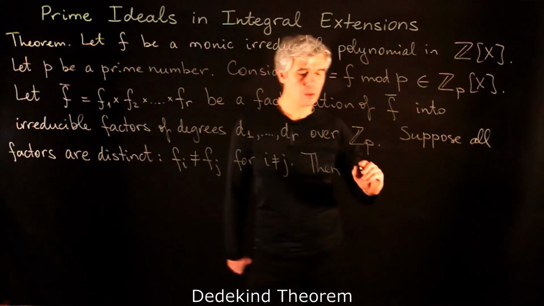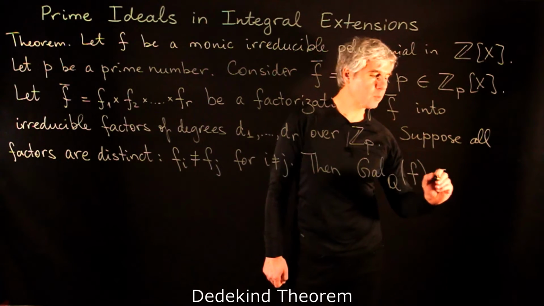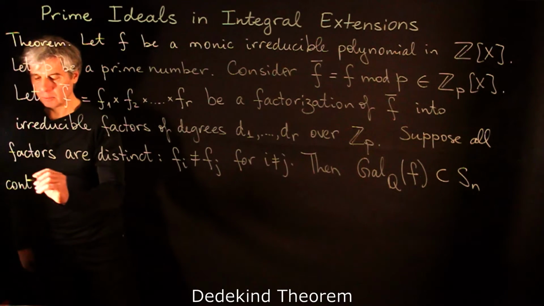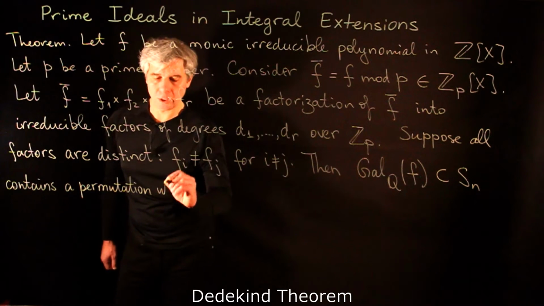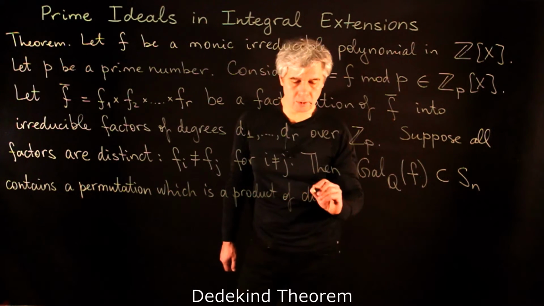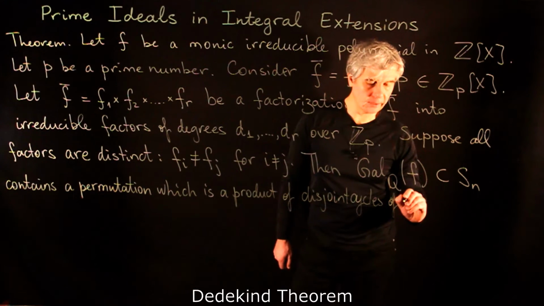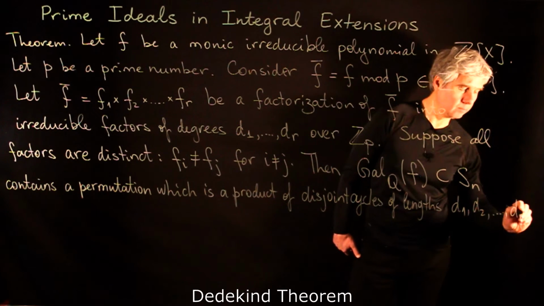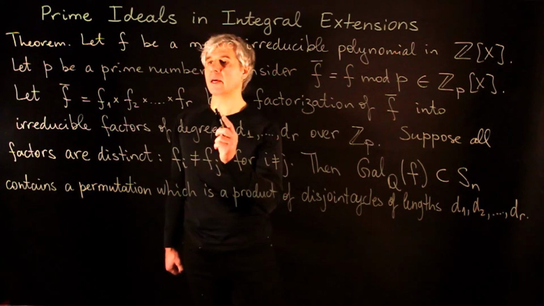Then the Galois group of this polynomial over rationals, which is a subgroup in the group of permutations S_n, where n is the degree of our polynomial f, contains a permutation which is a product of disjoint cycles of lengths d1, d2, ..., dr.